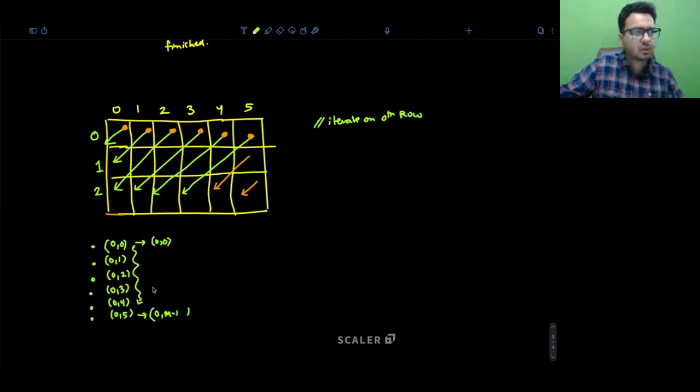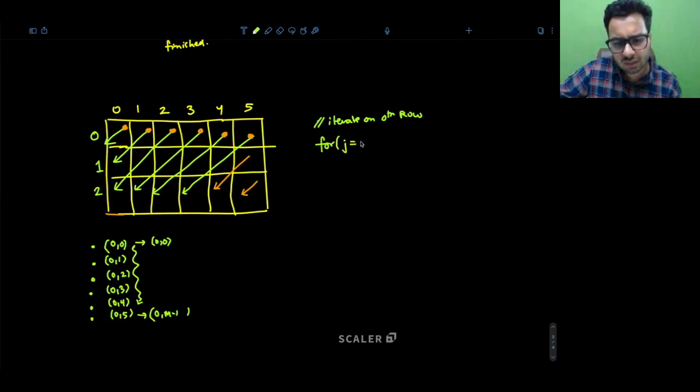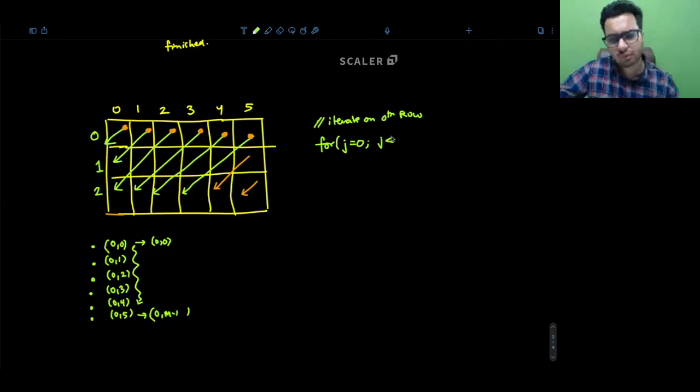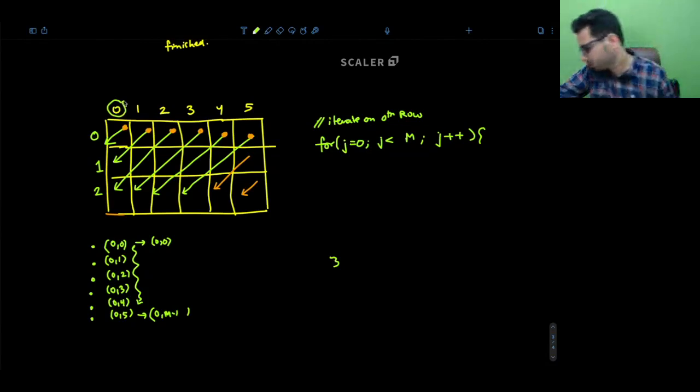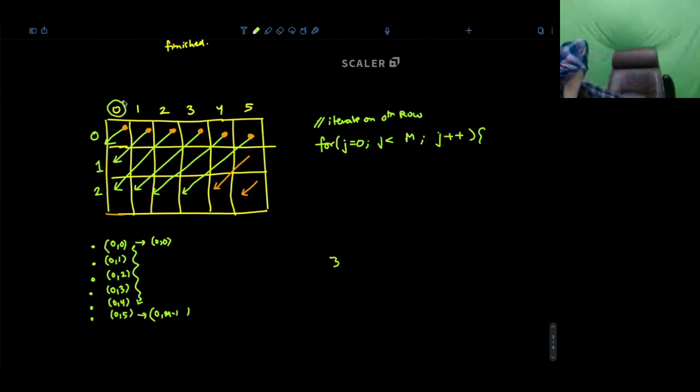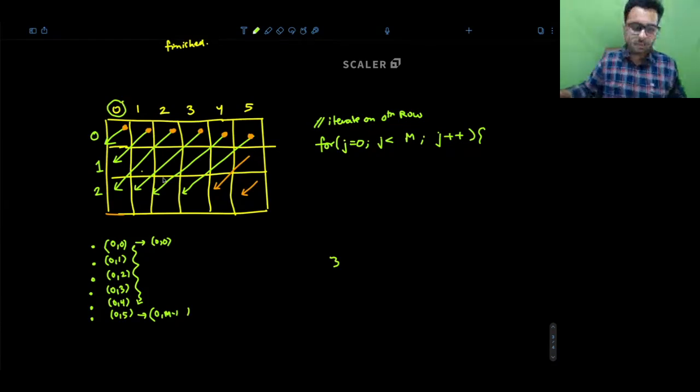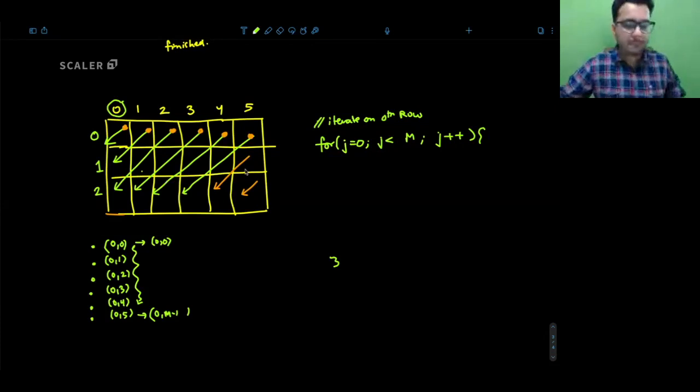So I can say for the column number j equal to 0, j less than, let's say, m, j plus plus. So I'm going to iterate over these numbers: 0, 1, 2, 3, 4, 5.